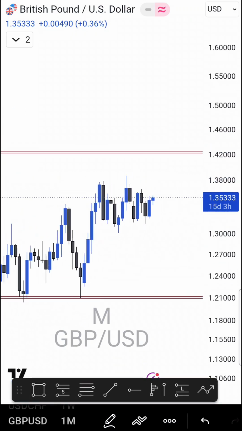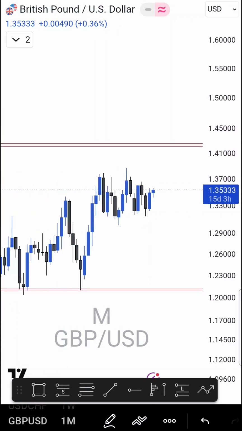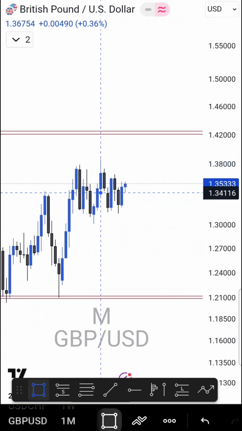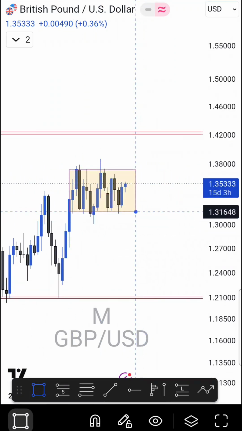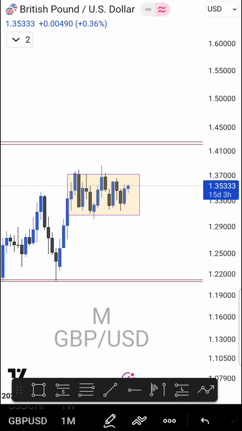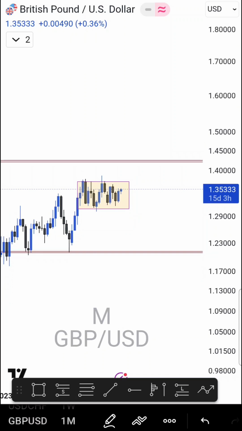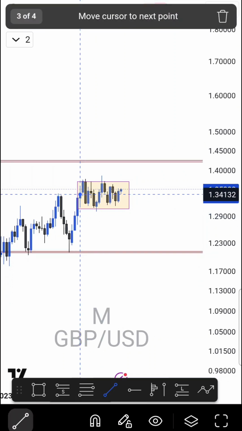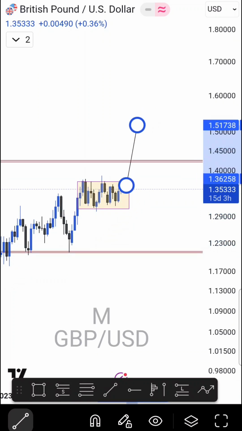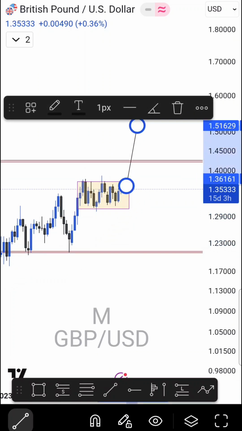What is another thing that I'm seeing here on GBP USD that is indicating that we're looking for buying opportunities? Inside this monthly, we have a range. This range or consolidation is very solid. If you know anything about chart patterns, this is a potential bull flag that wants to take price to the upside here on GBP USD.